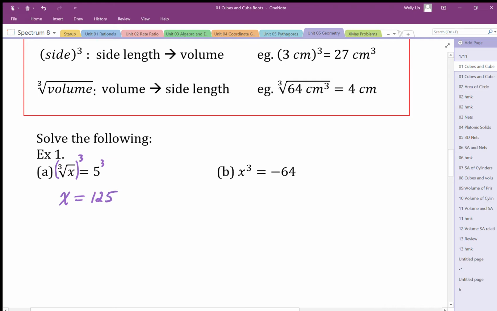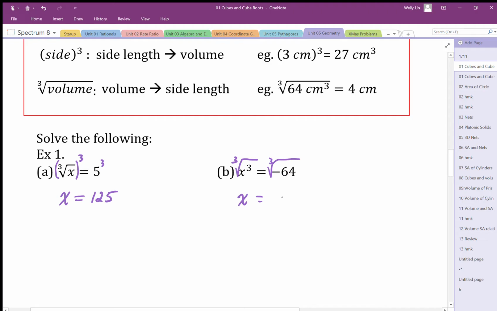So the opposite would be true here. I've got a cube. I want to undo this cube with a cube root. If I cube root one side, I've got to cube root this side. So what number multiplied by itself 3 times gives me negative 64? We can do this on our calculator, but we could probably do this without a calculator. Think of some number times itself 3 times.